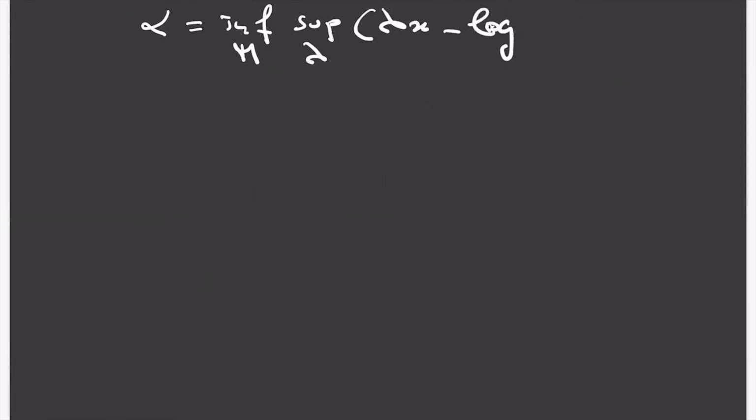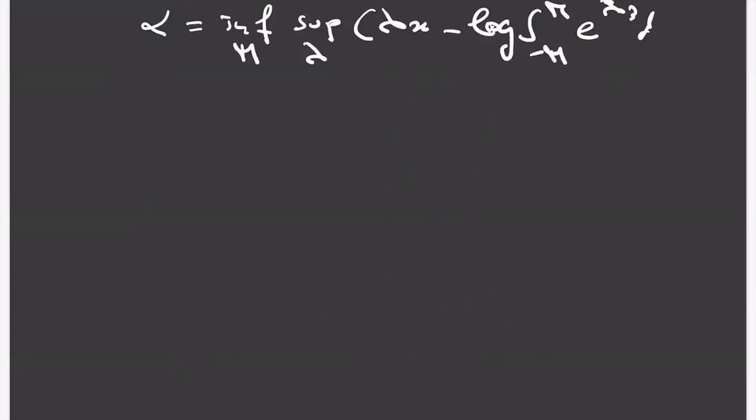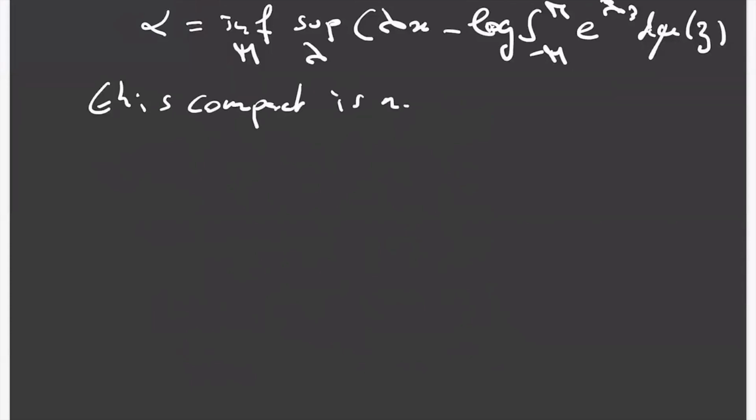And therefore, if we choose alpha in a clever way, that is, we choose alpha equal to the quantity of interest, the infimum over m of the sup over lambda of lambda x minus log of the integral between minus m and m of exponential of lambda z d mu of z, then this level set is non-empty by definition of alpha.